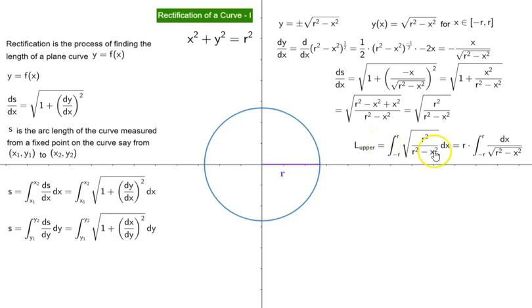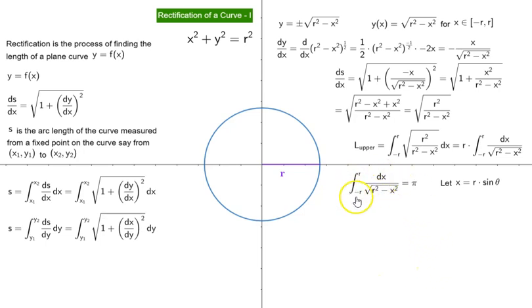Since it's a constant, we take it out of the integral as well. So r times the integral from minus r to r of dx by square root of r square minus x square. Now, this integral is equal to pi. Oh, how did that suddenly appear?